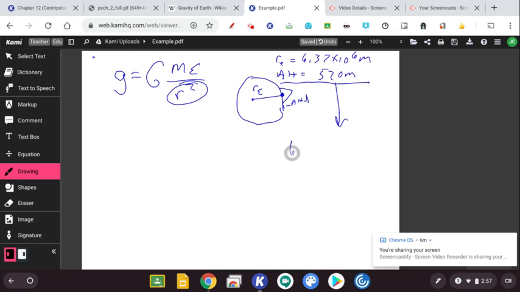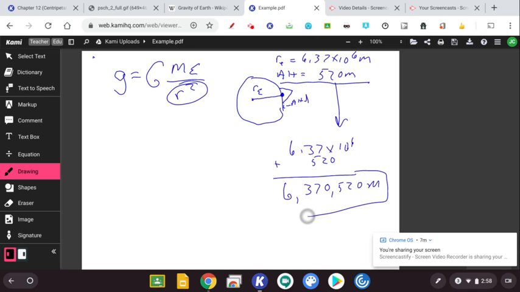So we have 6.37 times 10 to the 6th plus the 520, and so we end up with something like 6,370,520 meters. Now, the mass of the Earth is 5.97 times 10 to the 24th kilograms.